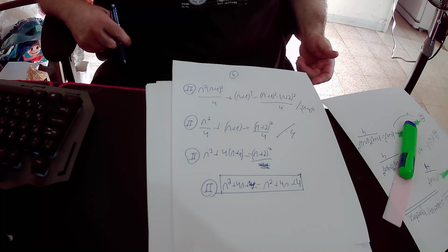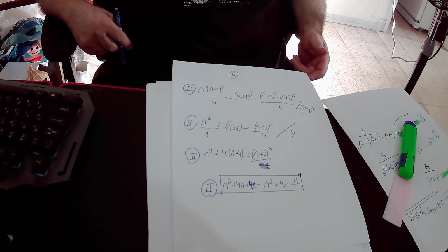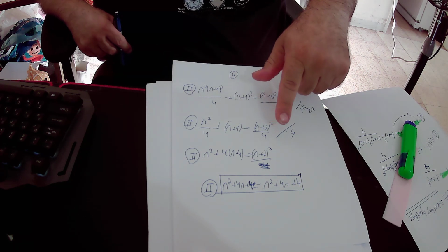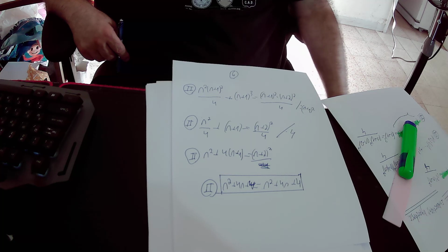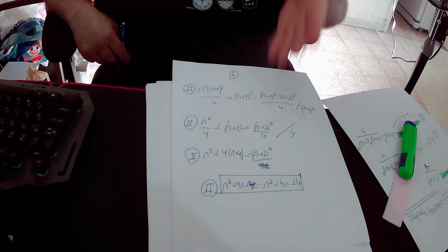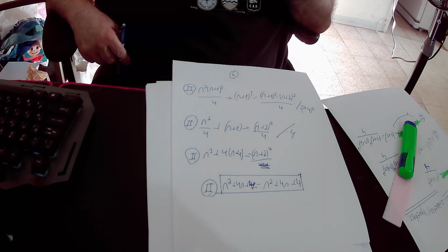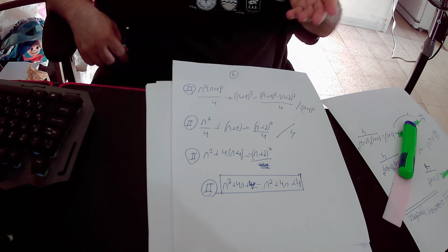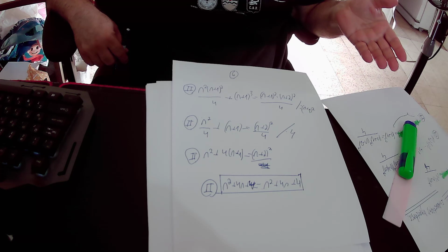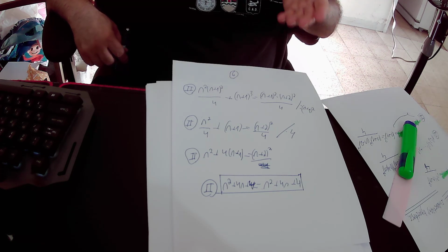It is like a plus b squared, that equals a squared plus 2ab plus b squared, so n plus 2 squared equals n squared plus 4n plus 4. So we actually got an identity, and we can say that the second expression for n plus 1 is true.